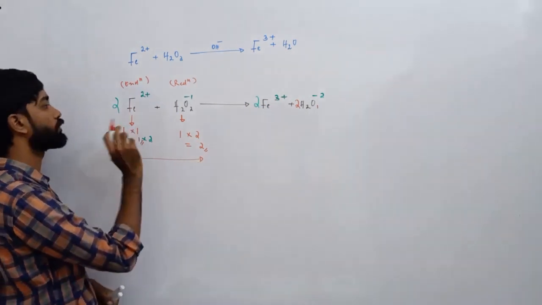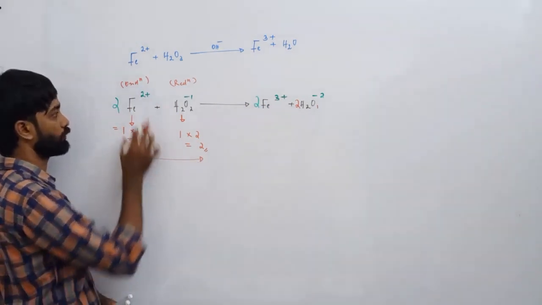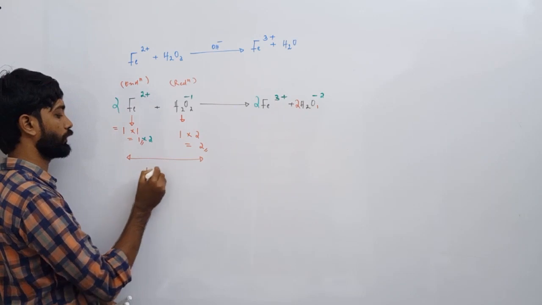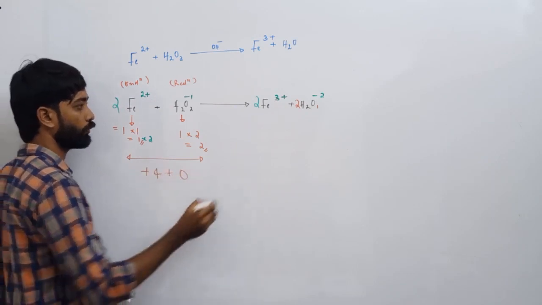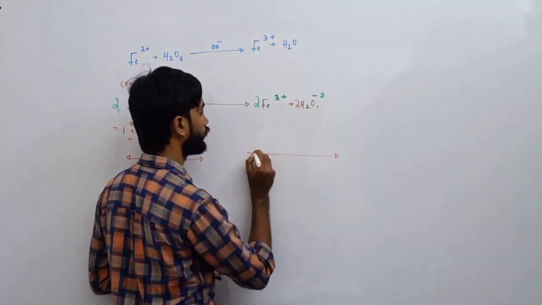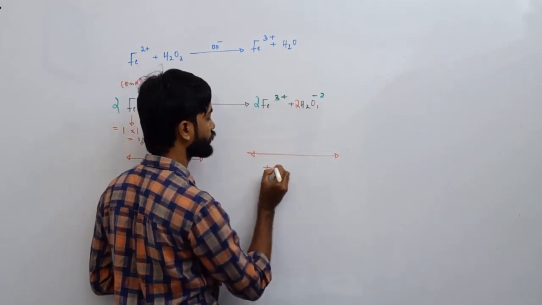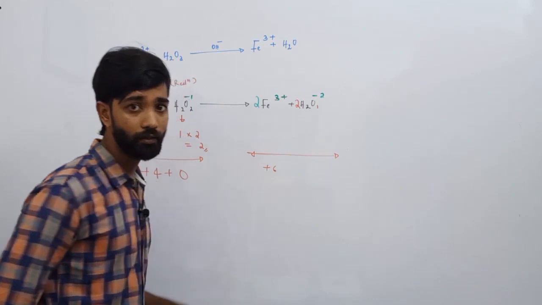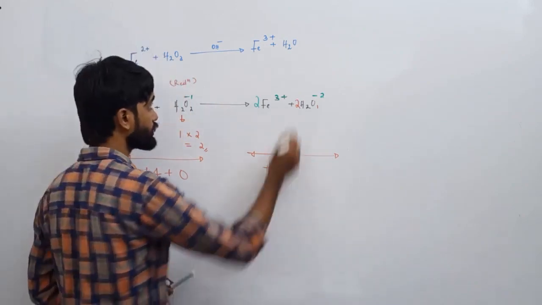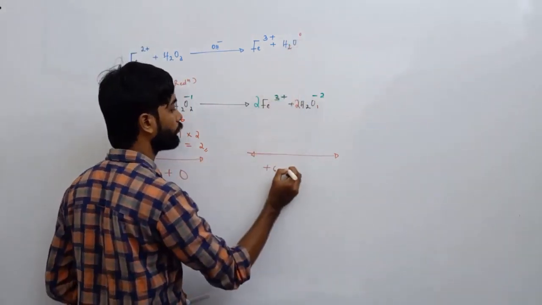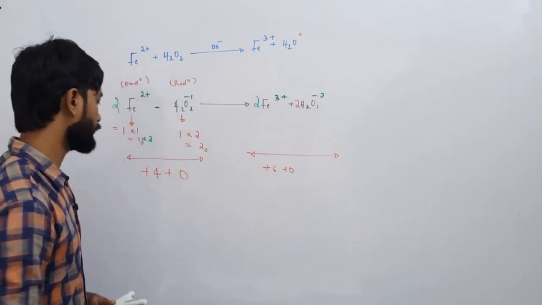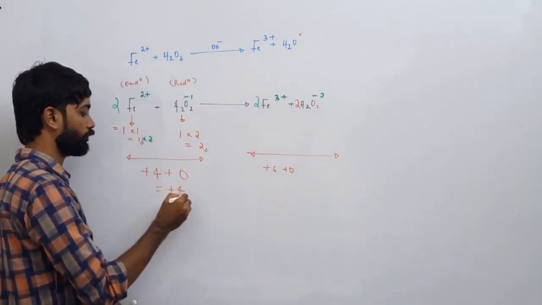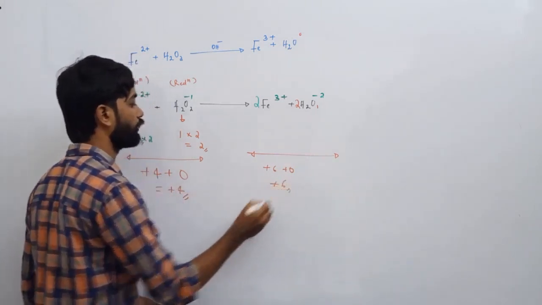Now simply check the charge. 2 into +2 is +4, and the charge of H2O2 is 0. What about here? 2 into +3 is +6, and the charge of H2O is 0. So there is a total of +4 charge on one side and +6 on the other.